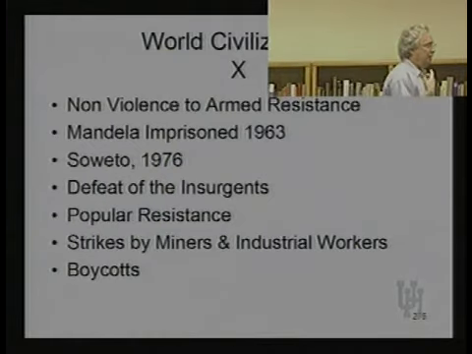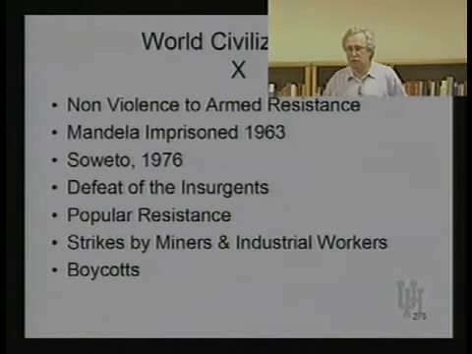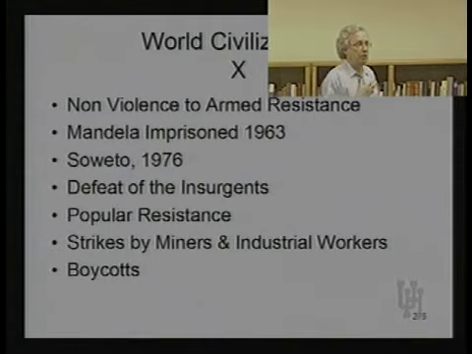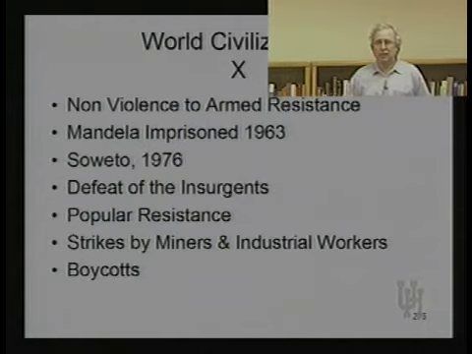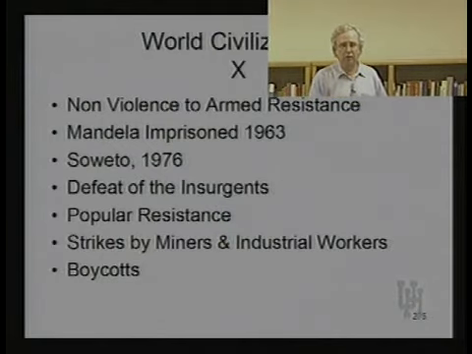Soweto indicated the unrest that was bubbling beneath the surface in these shanty towns, particularly among young people who were resistant to attempts by the government, for example, to impose Afrikaans, the Boer language, on Africans, to force them to learn that language.